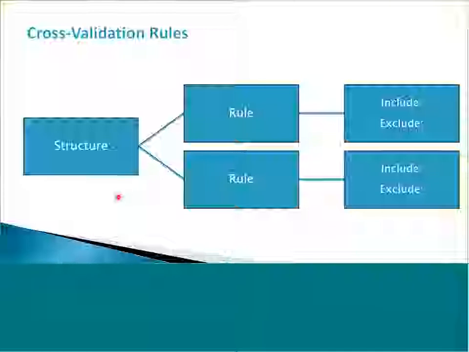Once you have enabled the cross-validation rules for your particular chart of account structure, then you can go and define the rules. This level is basically where you define what the rule is governing.